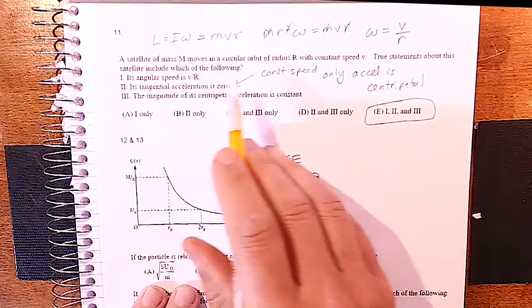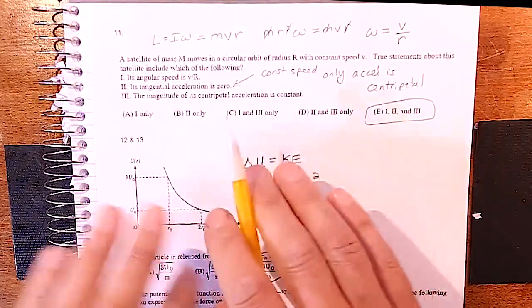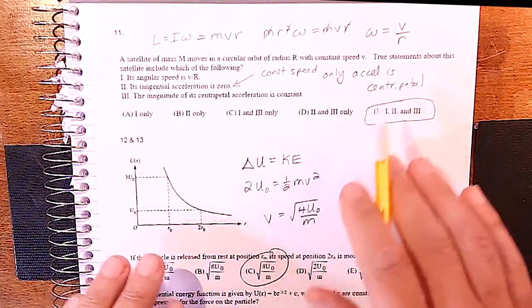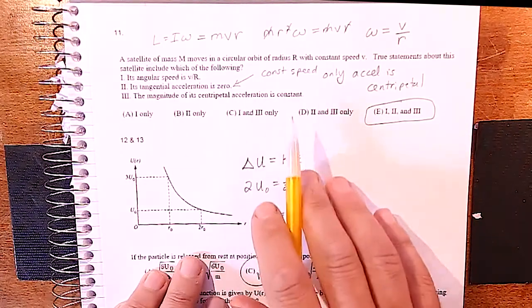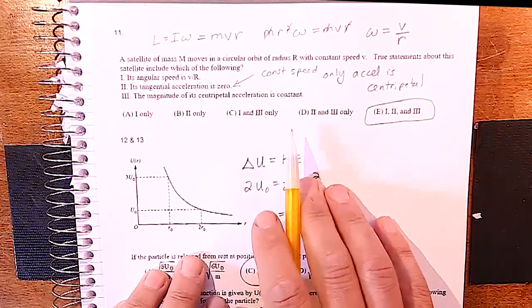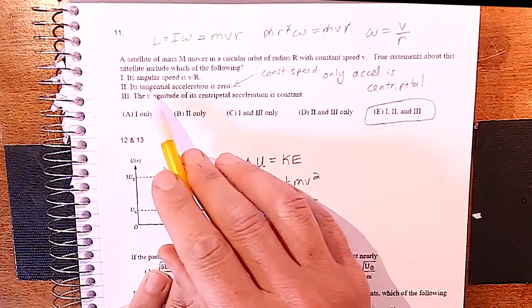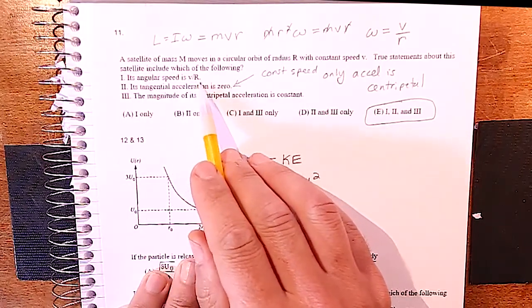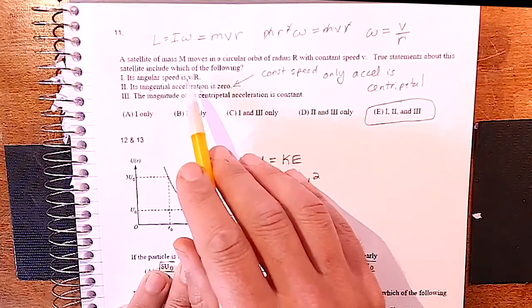So in this one, we have a circular orbit, and they're just saying the mass is m, the radius is r, and the velocity is v. So what must be true about this object in its circular orbit? Well, the first thing they said is its angular speed is v over r. Well, let's see if that's true.